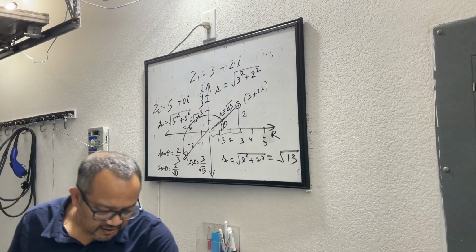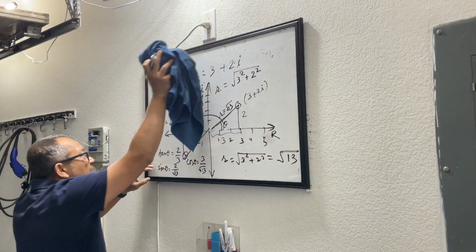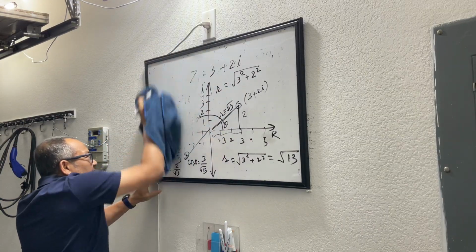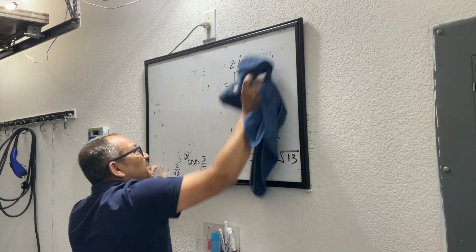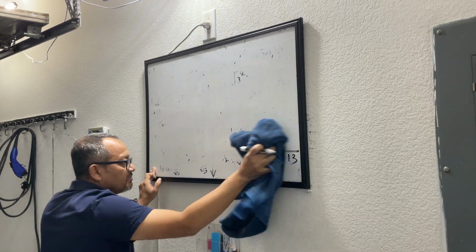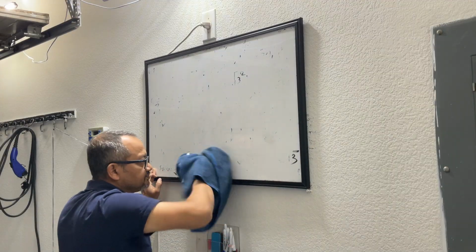So one line of takeaway, we just looked at how do we relate or find out the magnitude and the argument of a complex number. What exactly does it mean?